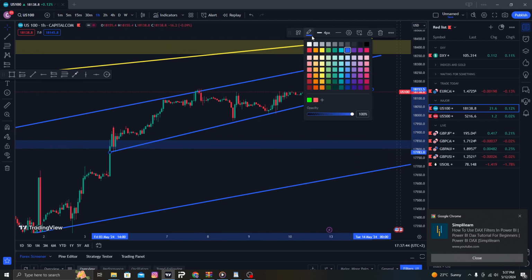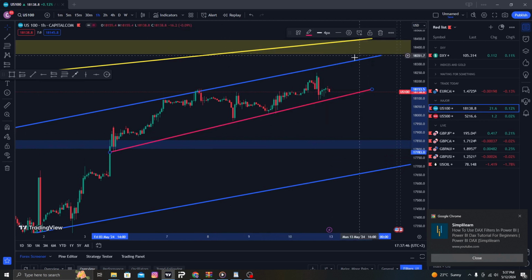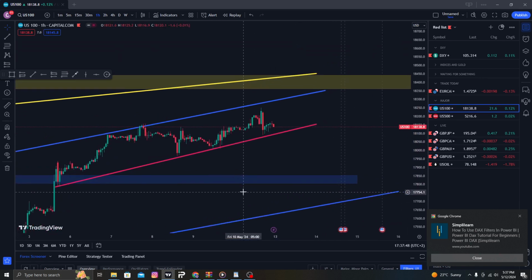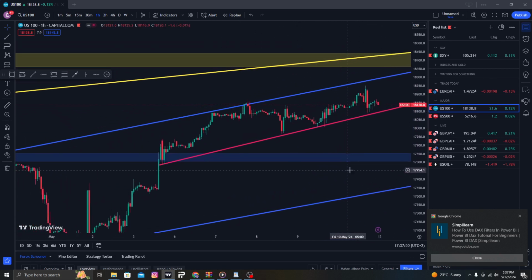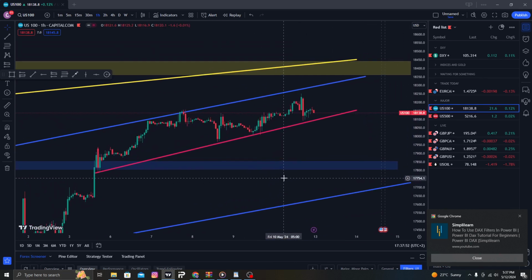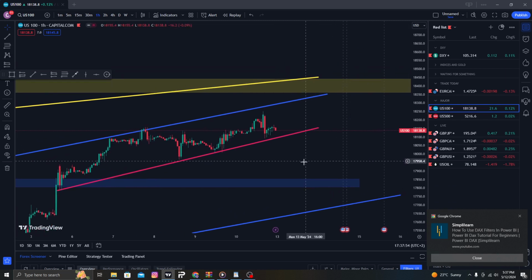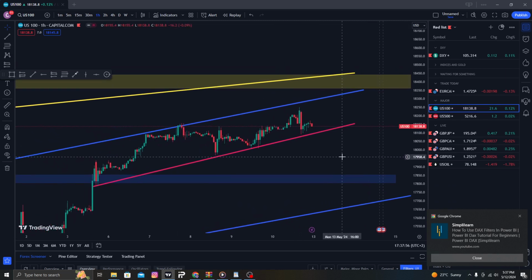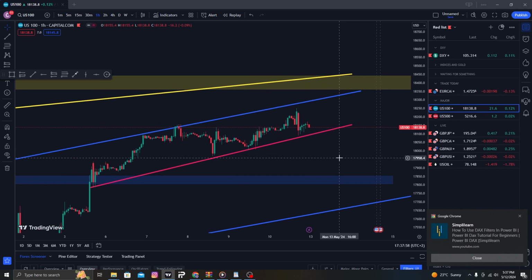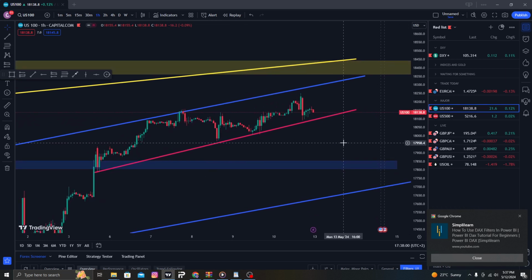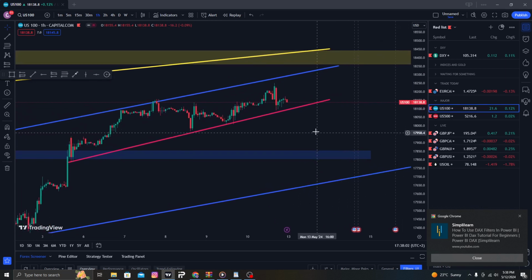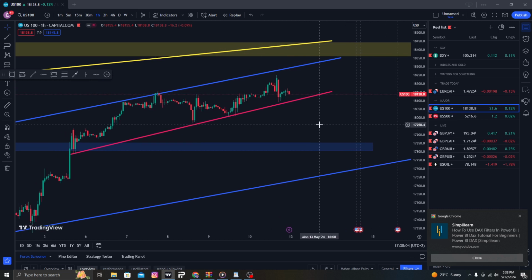Let me change this color to show that, okay, we're in a different time frame. Right now, we are on 1 hour, right? You see, there's a trend line here. You see it, guys? You see how the market moves in trend lines and in support and resistance levels. You just have to learn how to draw them easy. Then it's going to give you your trades like that. I use TradingView, guys.